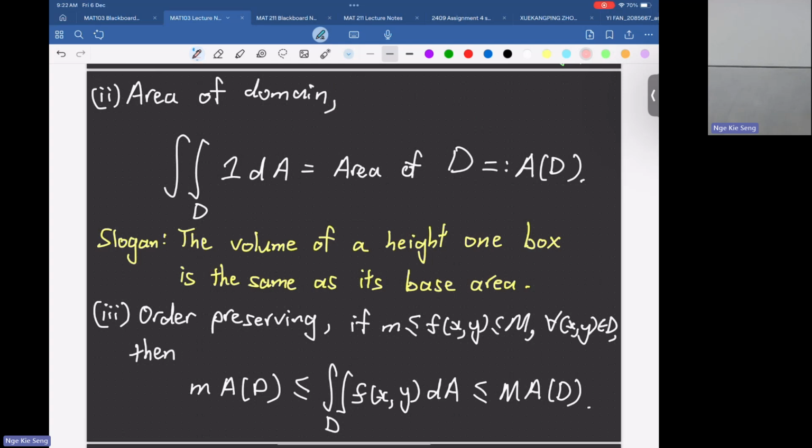But for integral, it is true. It will preserve it. So integral is a nice thing because it preserves order.